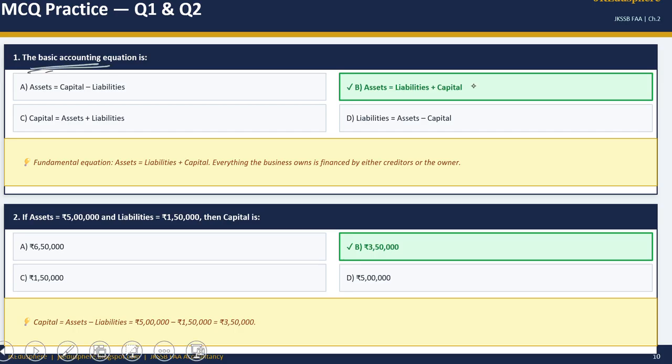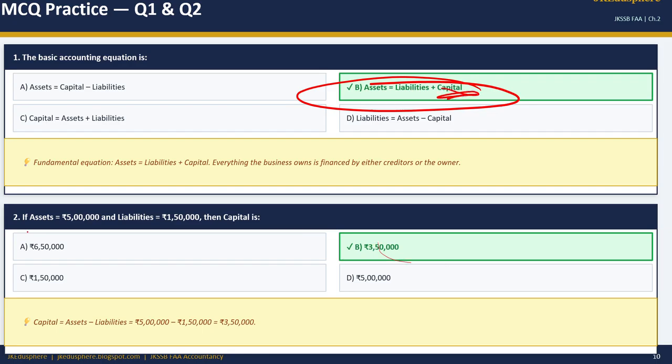So the basic accounting equation is asset equals to liability plus capital, right? If asset is 5 lakh and liability is 1.5 lakh, then what is capital? We have seen the equation, assets is equal to liability plus capital. What we have to find is capital.